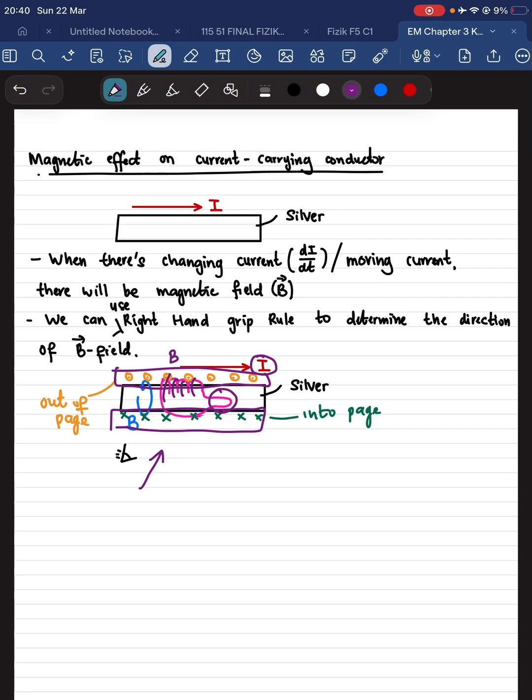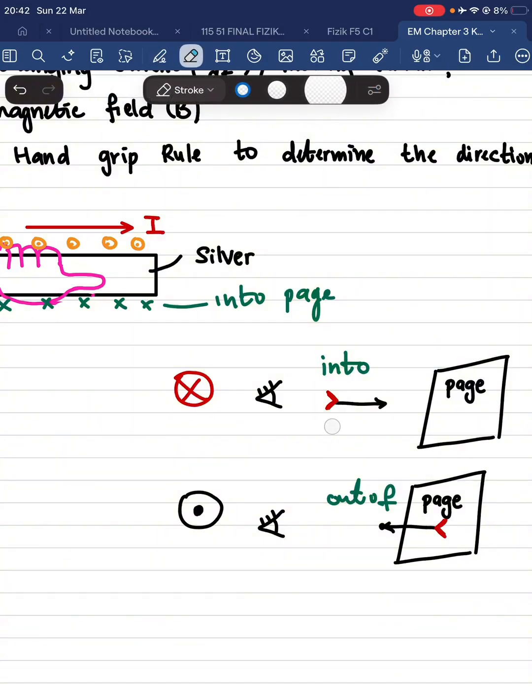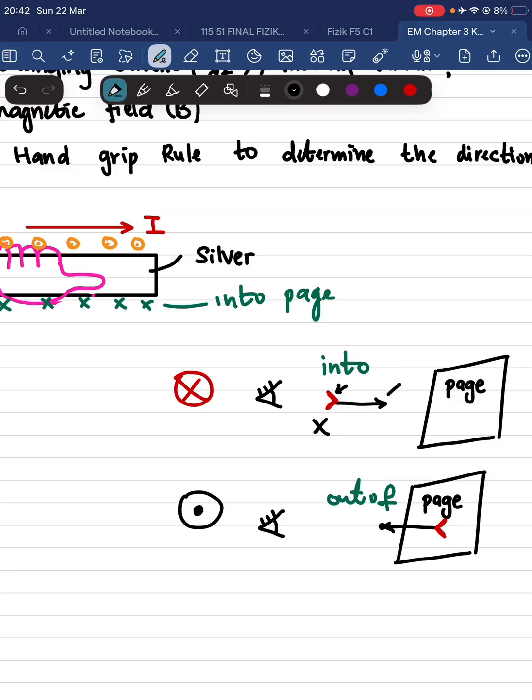But what is this out of and into the page thing? Okay, you might wonder. So imagine you have an arrow. This is the back of the arrow, so it will be marked as X, and this is the tip of the arrow, which is a dot, right?